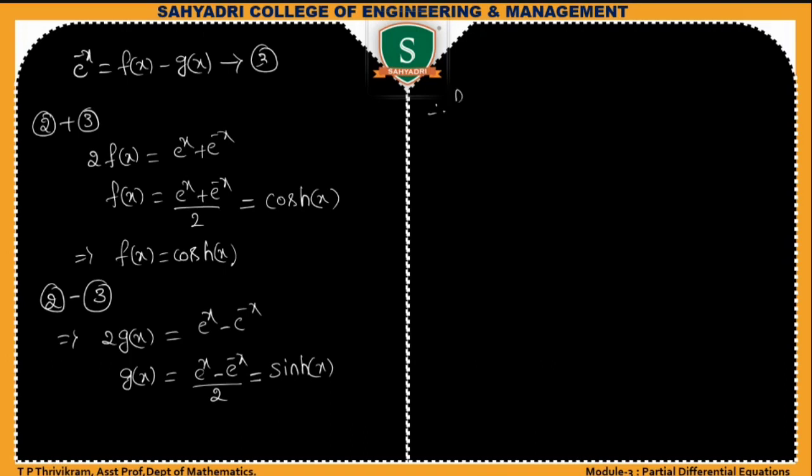Therefore from equation 1, the solution is z is equal to cosh x e power y plus sinh x e power minus y. So this is the required solution which we need.